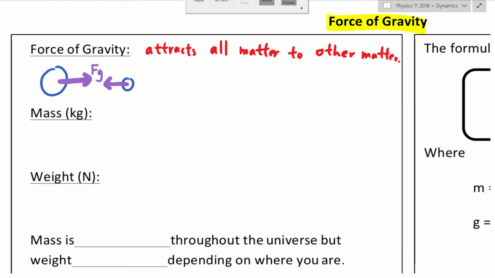The force is so small for little objects like a pencil and you that you cannot feel it. But when you have a gigantic amount of mass, like the Earth, then its attraction to you is noticeable. That's why you cannot escape the Earth by jumping, right? No matter how hard you jump, unless you have a rocket propulsion engine.